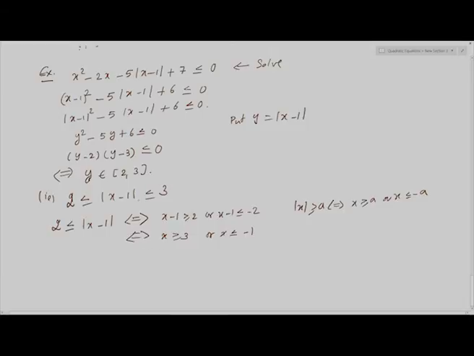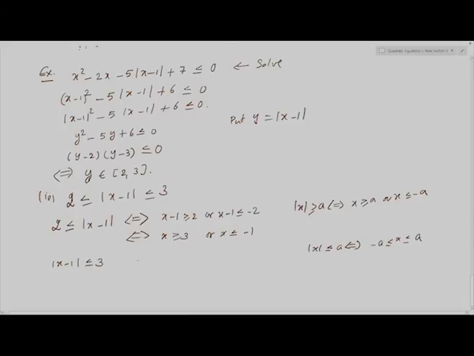Okay. Now I take the other inequality, mod x minus 1 less than or equal to 3. Already we have seen, mod x less than or equal to a is if and only if x is lying between minus a and plus a.